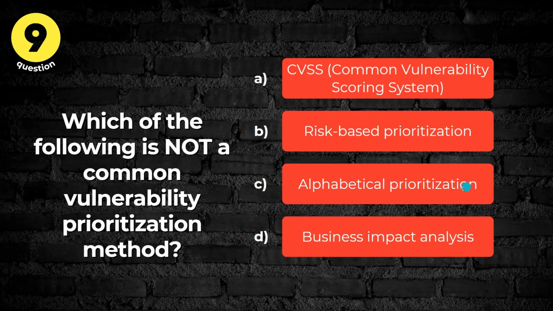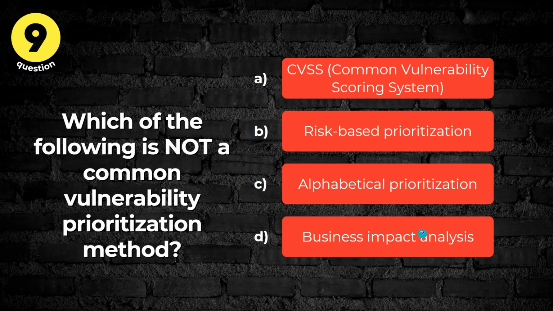Okay, so which of the following is not a common vulnerability prioritization method? A, CVSS or the Common Vulnerability Scoring System. B, risk-based prioritization. C, alphabetical prioritization. And D, business impact analysis.